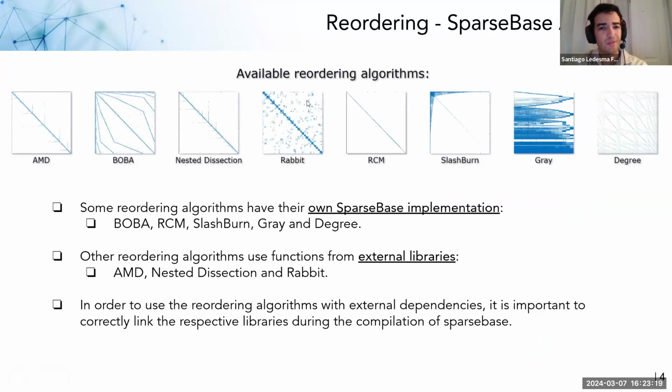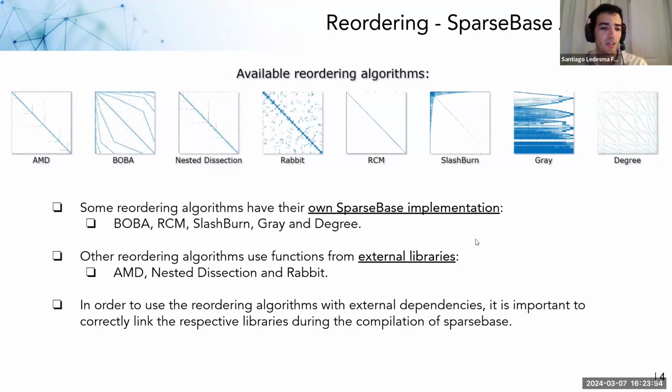Okay, so going into the ordering algorithms that we have available, we have 8 that you can currently use: AMD, BOBA, nested dissection, Rabbit, RCM, Slashburn, Gray, and Degree. And they can be separated into 2 different categories: the ones that have our own SparseBase implementation that were implemented by us, such as Boba, RCM, Slashburn, Gray, and Degree, and the ones that are linked to external libraries.